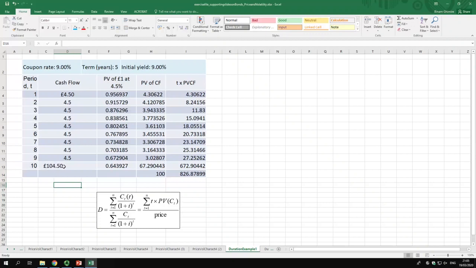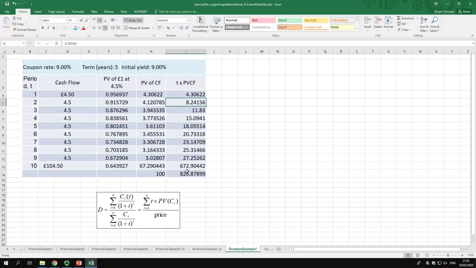On the 10th period, that £100 or dollar is also paid, therefore 104.5, and then the discount factor and present value of cash flows, and this would be the price of the bond, as you already know from the previous videos and discussions. So that's the price of the bond, which is here. But on the top, it is exactly the same, but you multiply this with this time. So 1 times 4.3062, 2 times 4.12 is 8.24, and so on. And this addition is here.